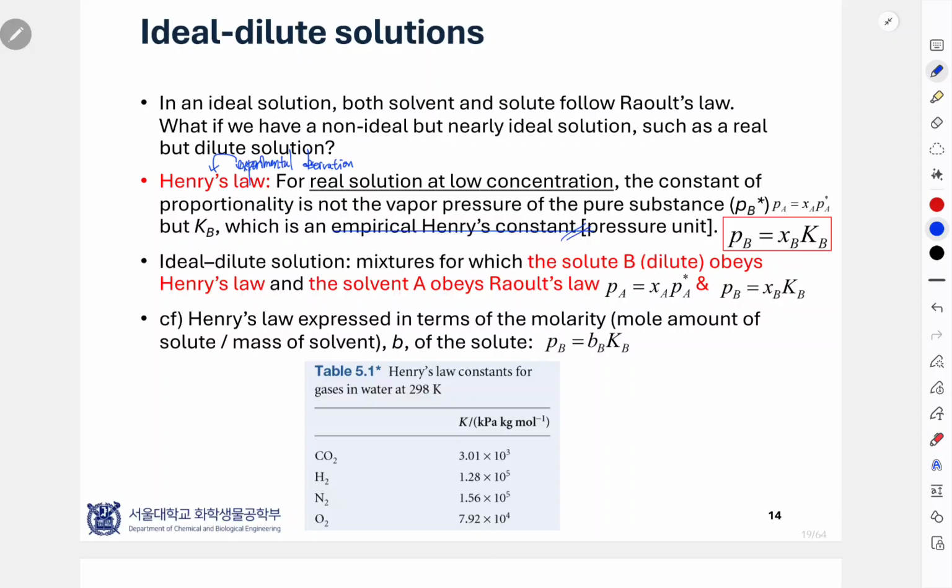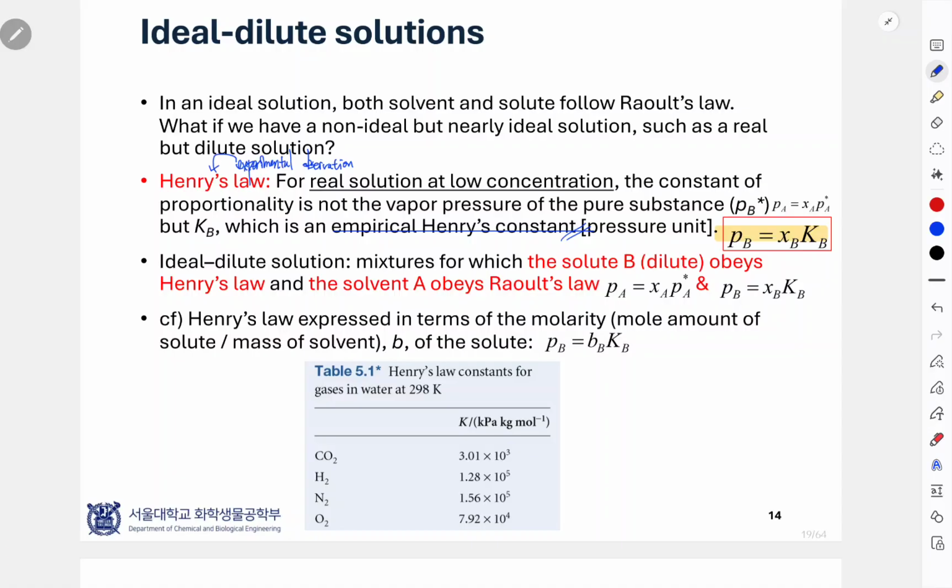So by Henry's law, unlike Raoult's law, for the solute, the vapor pressure of solute B is the mole fraction multiplied by some empirical constant, meaning that it is decided by experiment.